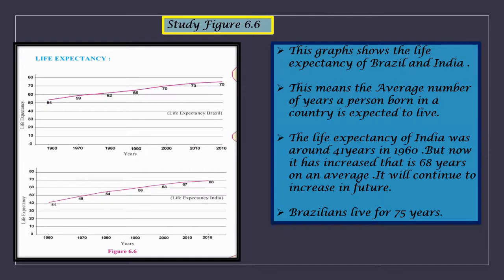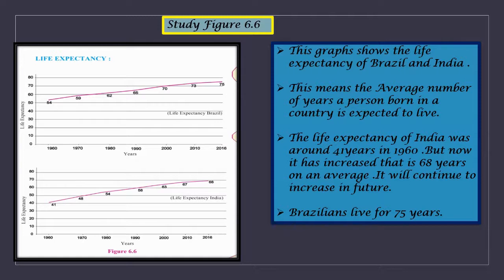When we observe the Brazil graph, we can say that in 1960 Brazil's life expectancy was 54 years, and in 1970 it was 59 years, and it went on increasing. It was 75 in the year 2016. After looking at the graph of India, we find that the life expectancy of India in the year 1960 was 41 years.